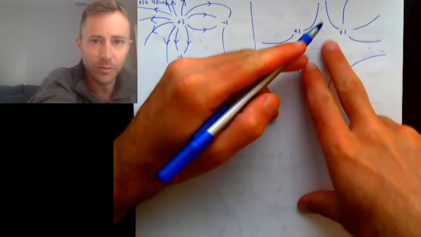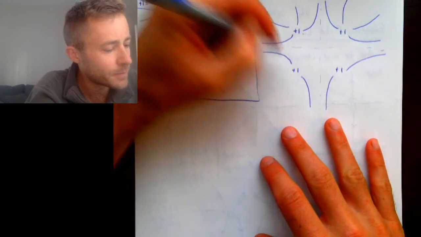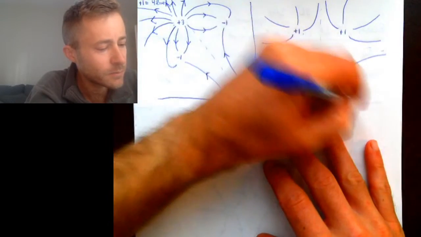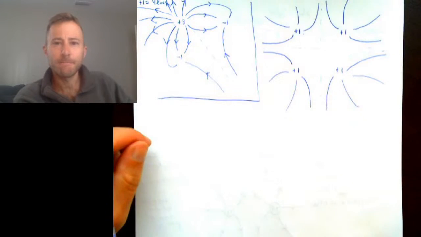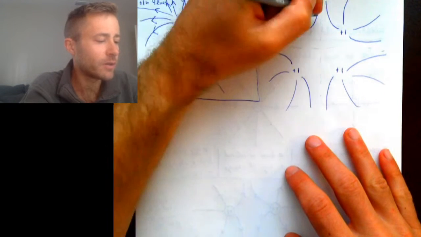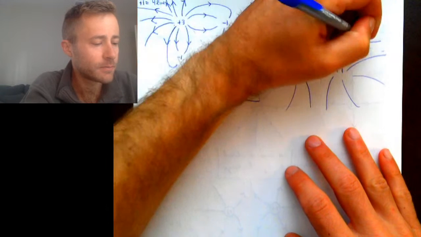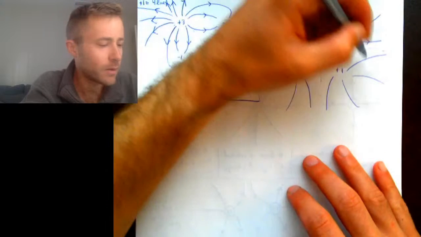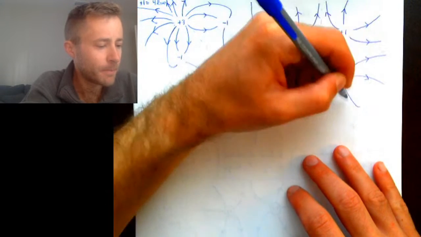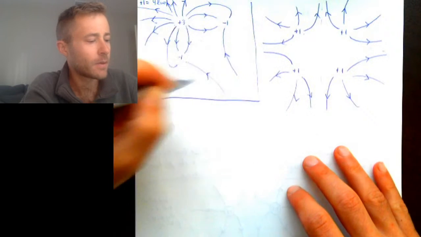So I know that there's no field lines that are going to go into the center. Something like that. So now I have to just draw the directions of the lines. Like that.